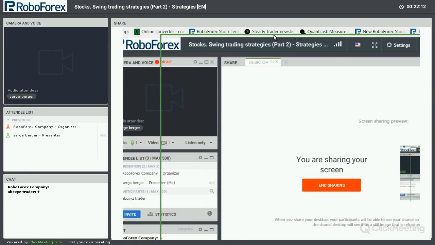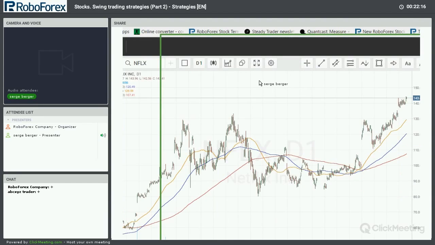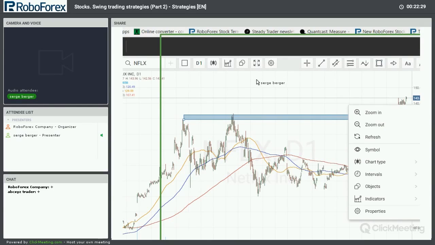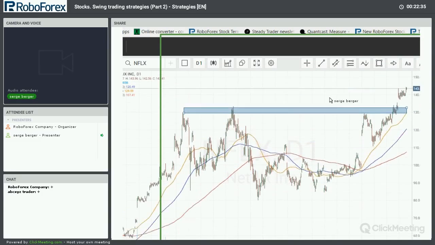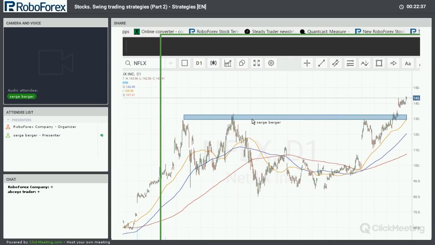So what we want to go through here is the analysis of shares of Netflix. So let me just draw you a little bit of a picture here, which looks something like this. So you can see number one is this sort of area of resistance. So let me just do it like this. I guess I can't pull it down, but you can see what I'm trying to get to here.